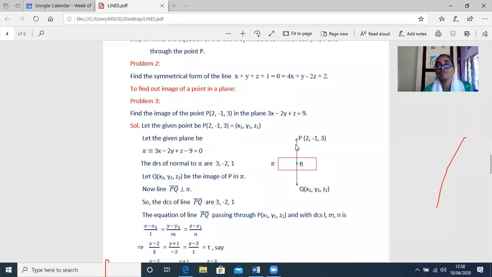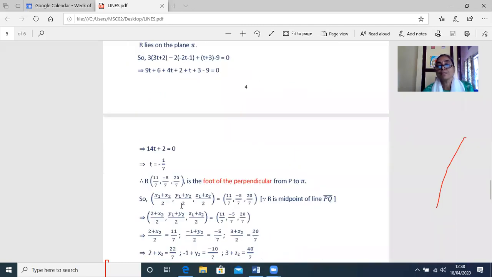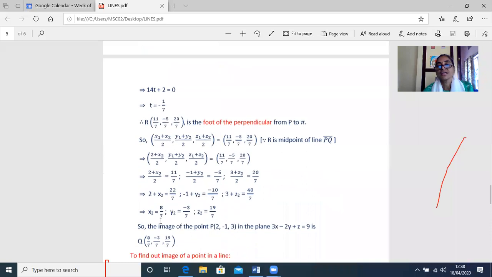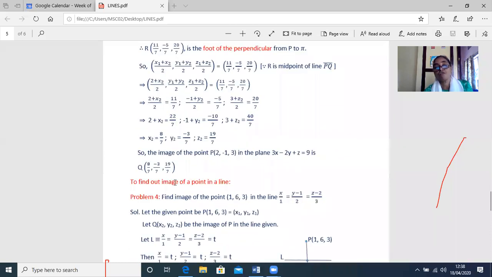So write the midpoint formula for the line PQ, and this being the midpoint R, you can equate that. Then if you equate the corresponding coordinates, you get x2, y2, z2. This is how you can find the image of a point in the plane.